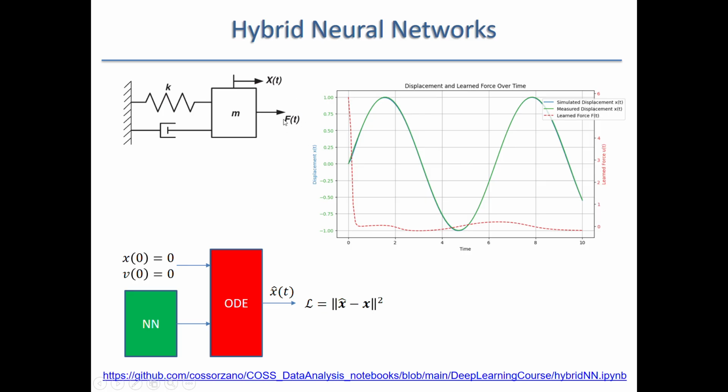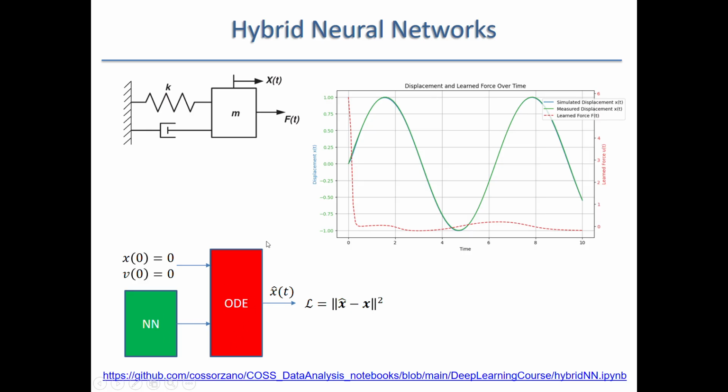The force will be given by the neural network. But once the neural network gives the force, given that we know the initial conditions of the system, we can try to minimize the distance between the observed behavior and the predicted behavior by our simulation.